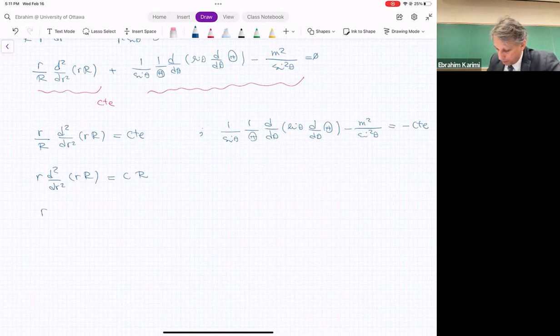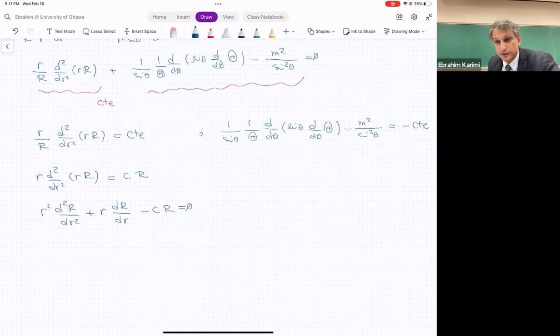That will be r squared, second derivative of r capital with respect to r, plus the other one will be r dr divided by dr, minus c times r capital equal to 0. It's a second order differential equation with constant coefficients. The singularity, which is a regular singularity, is at r equal to 0. What you have to do is the expansions.